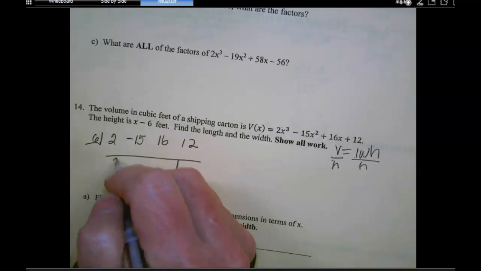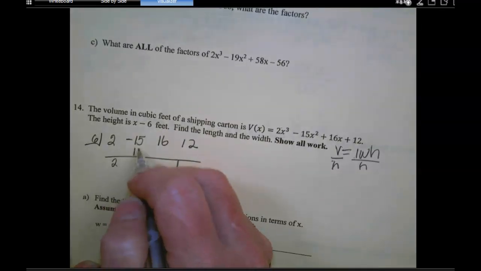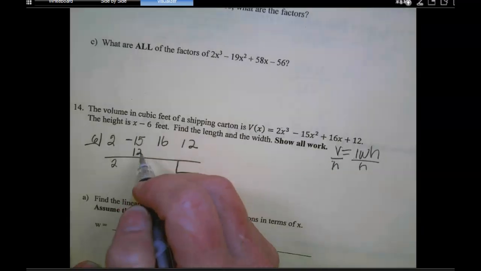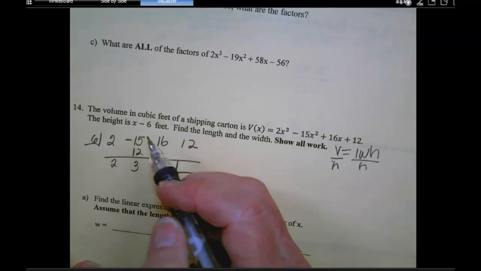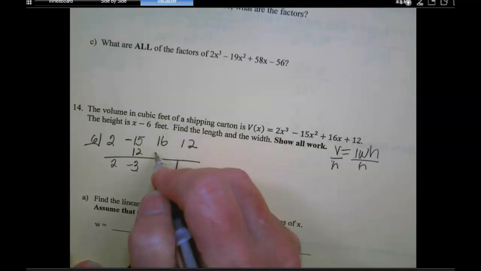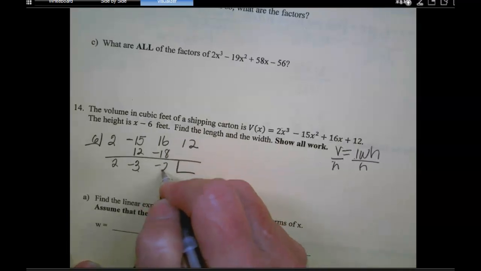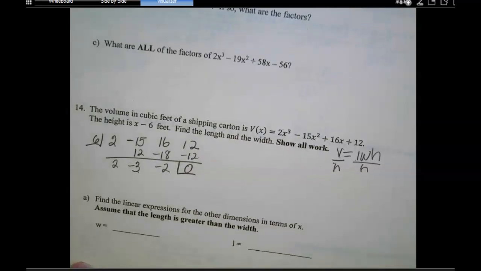I'm going to bring down the 2. 6 times 2 is 12. Negative 15 plus 12 is negative 3. 6 times negative 3 is negative 18. That gives me negative 2, negative 12, and that gives me 0.